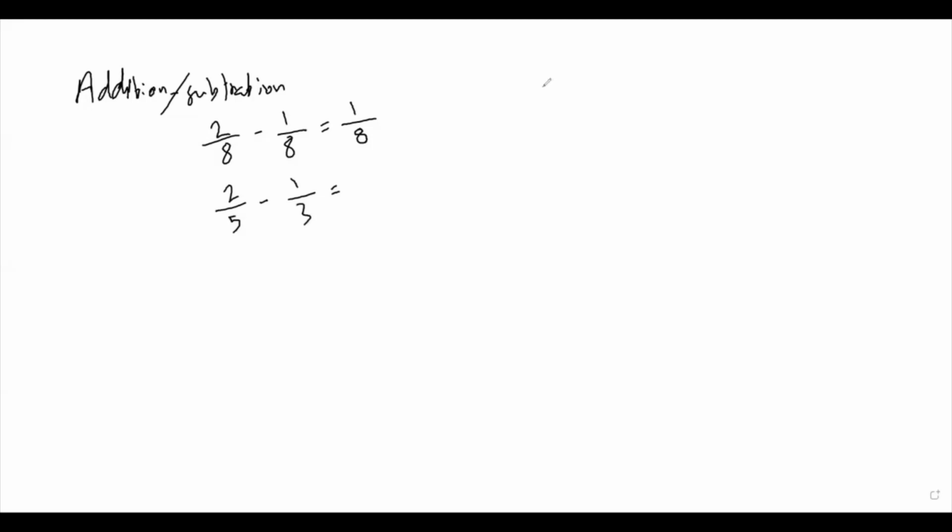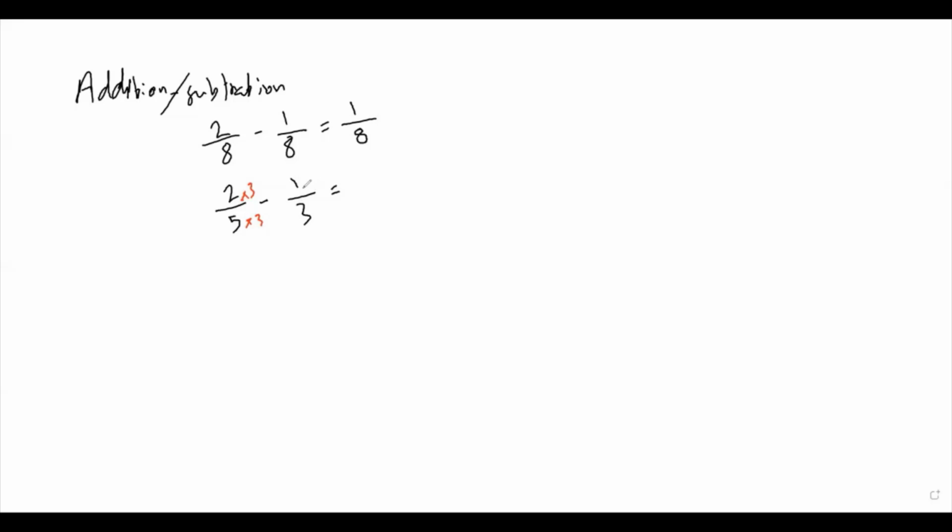So you can use equivalent fractions, the one that I mentioned. We touched on that a little bit in previous videos. So if you want to make the equivalent fraction of 2 over 5 in such a way that you end up with the same denominator as 1 over 3, you just multiply the top and bottom by 3, which is the denominator of the other fraction.